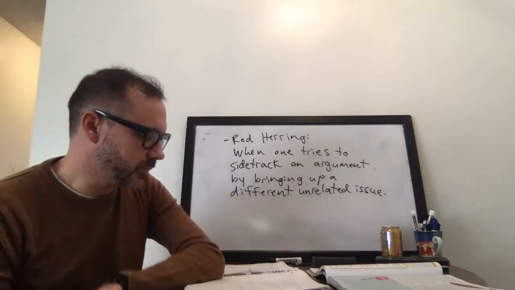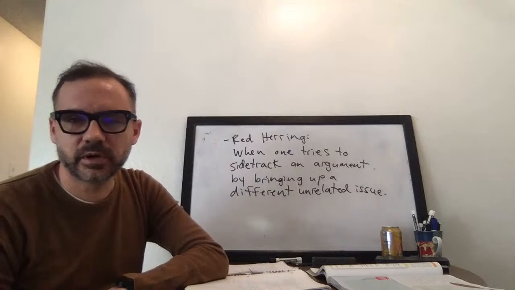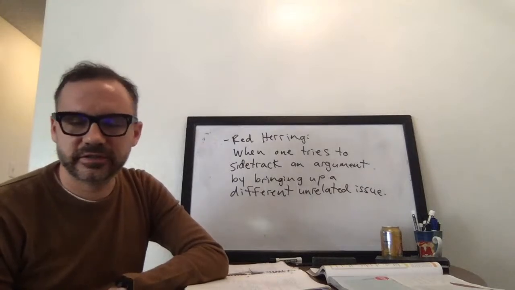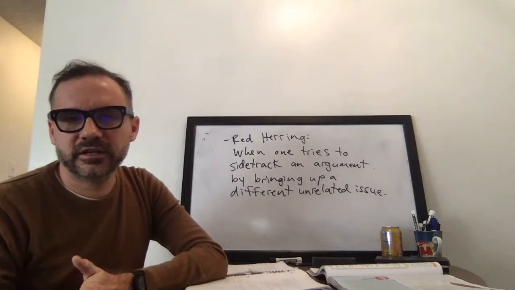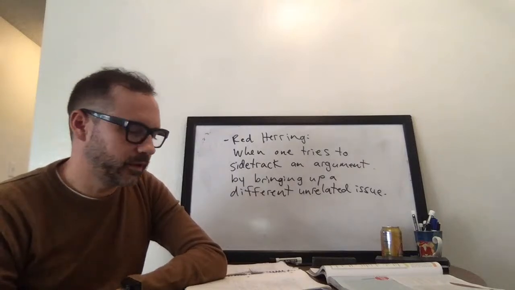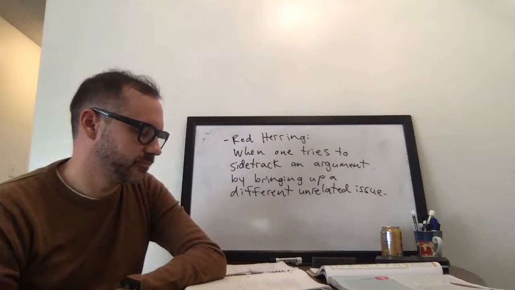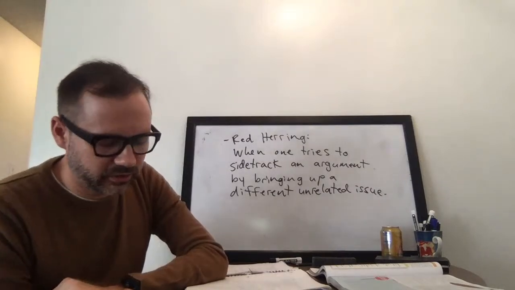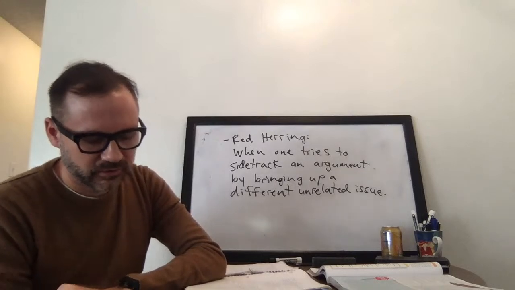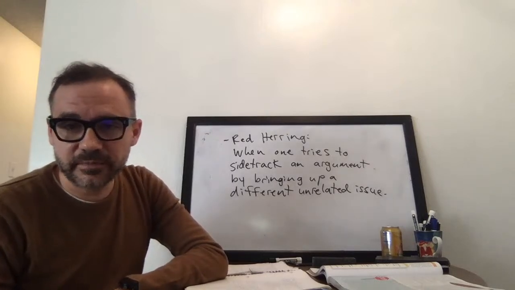And this one's something that you can definitely spot in everyday life, politics, social media, and the media too. So here would be an example. Somebody says, there's a real problem with global warming and the climate.